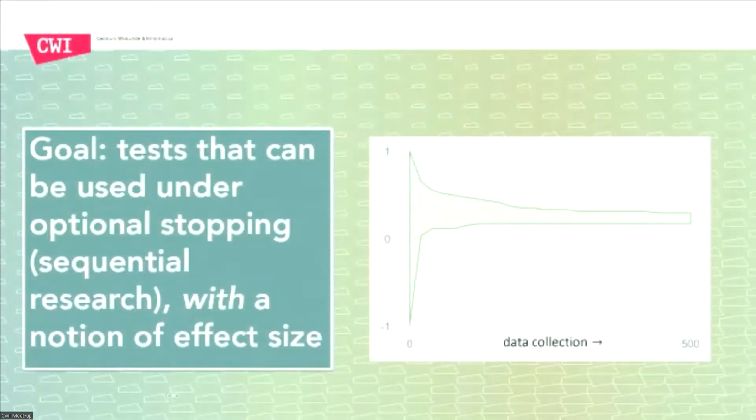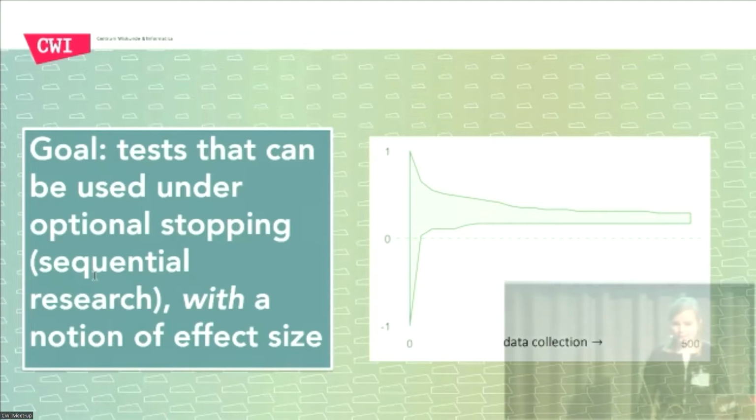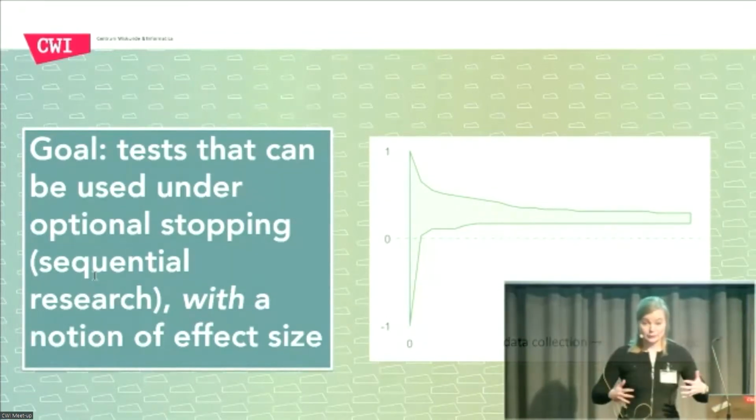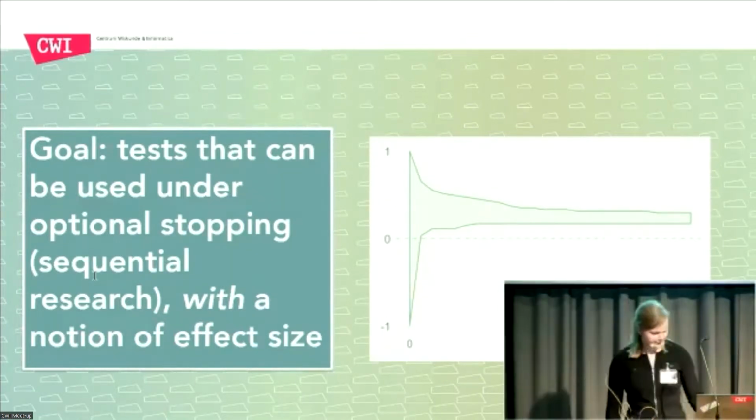The goal of our project was quite broad. It was to develop tests that can be used under optional stopping. Christina already explained this scenario to you very nicely in her talk. We collect data, and during our data collection, we want to say, okay, our new strategy is better than our old strategy.